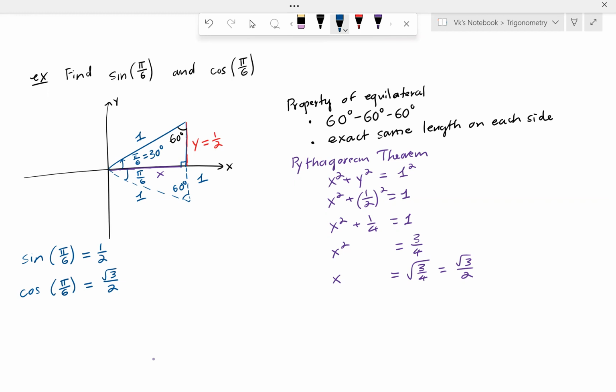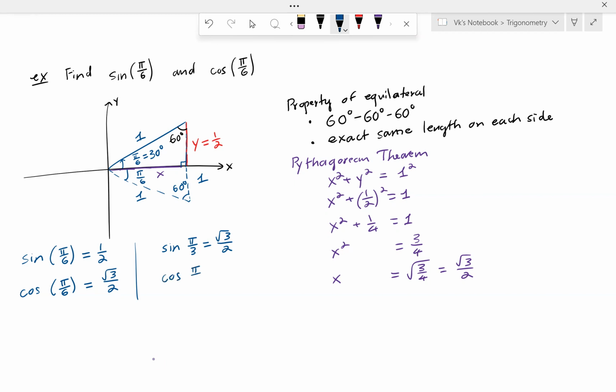Oh, we can also define sine and cosine of 60 degrees from the triangle. Sine of 60 degrees, which is pi over 3, its opposite is x, so that would be root 3 over 2.